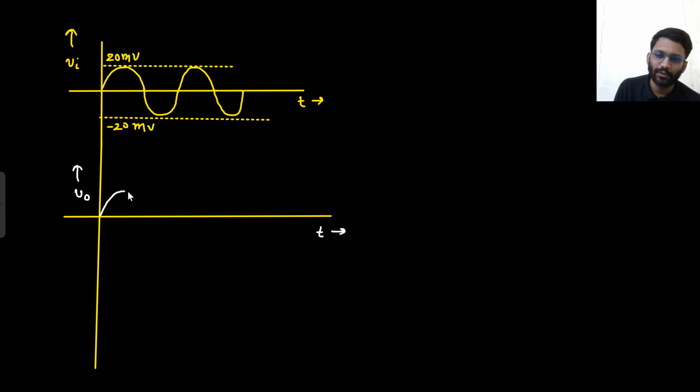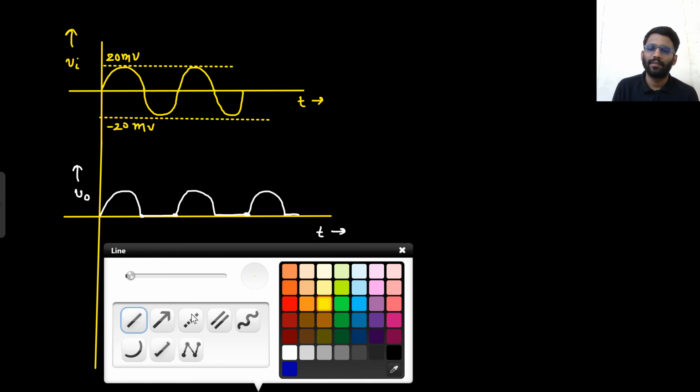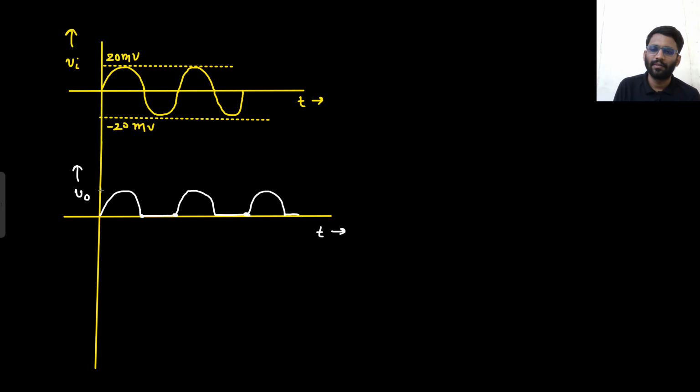For Vin greater than 0, it was giving you the same as input, and then 0. Then again the same as input, then again 0, then again the same as input, and so on. Right? This was peak 20 millivolt. This is the output you are getting.